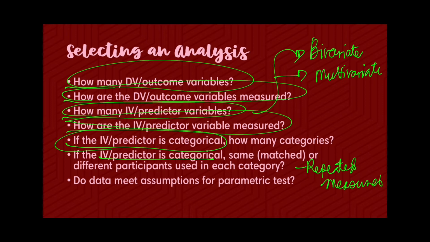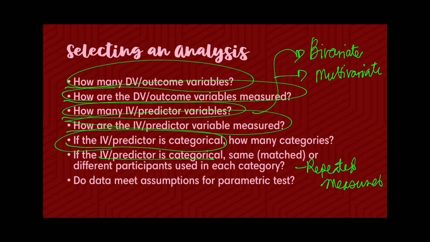Like for example, if I'm going to measure depression prior to the pandemic, and then I go back to the same participants and measure their depression during the quarantine, and then I measure their depression after the quarantine, then that's called repeated measures, no? So the categories are not really categorizing people, but they are actually categories of the time at which they are measured, but we are talking about the same participants.